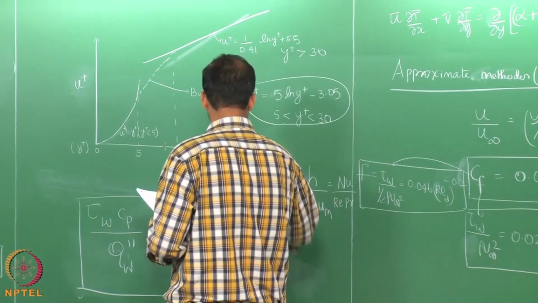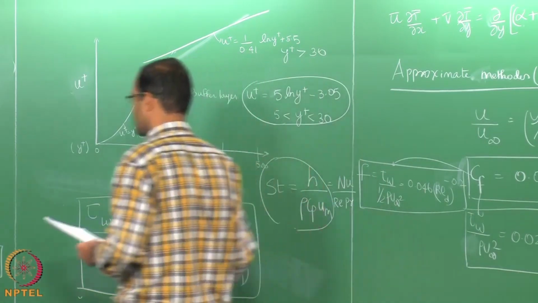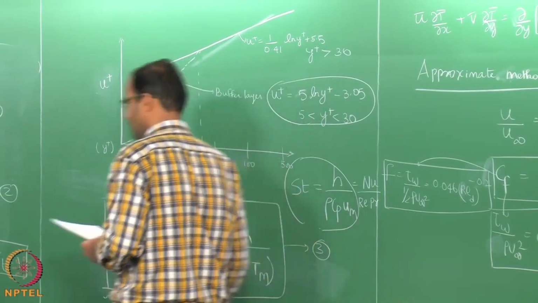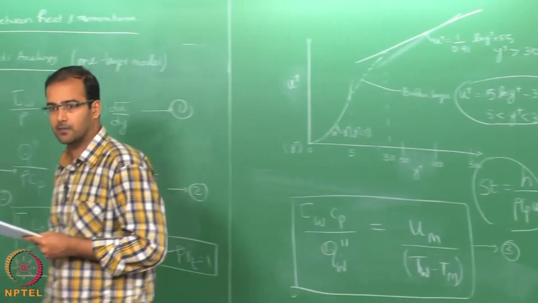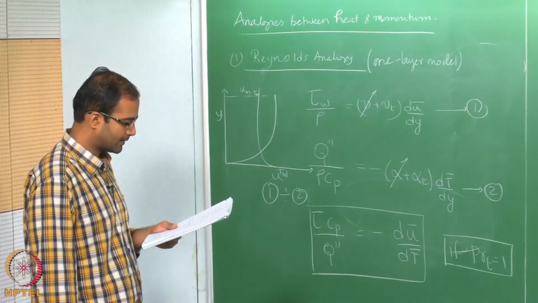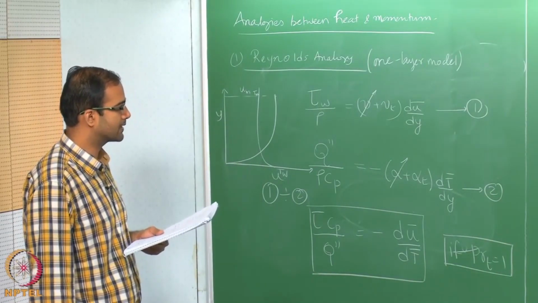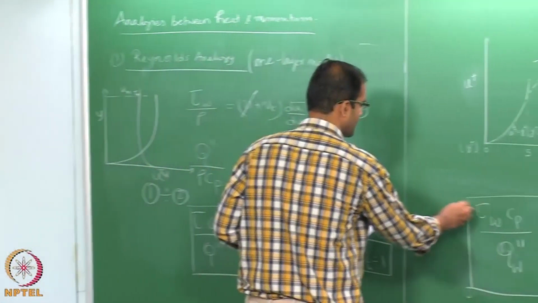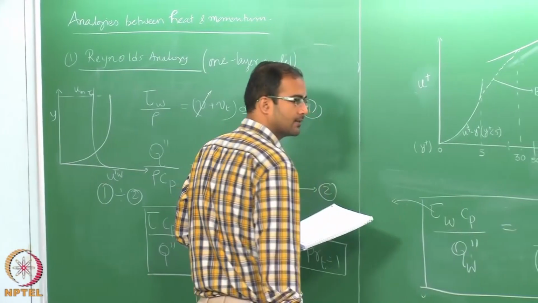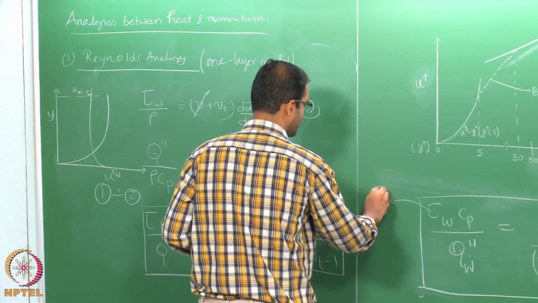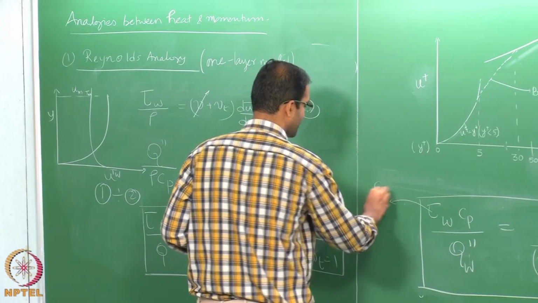So, can you cast the equation, let us name this as equation number 3, the integrated one, in terms of Stanton number, and therefore, tell me the relation between Stanton number and the non-dimensionalized wall shear stress in terms of the friction factor, the Fanning friction factor f.